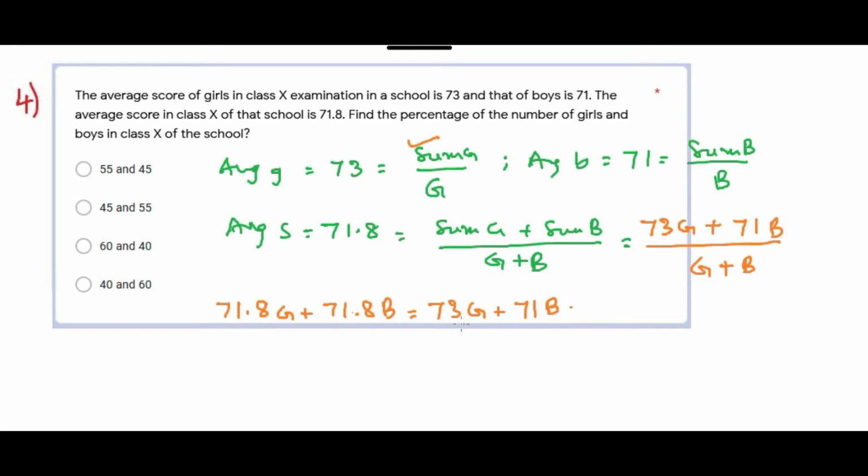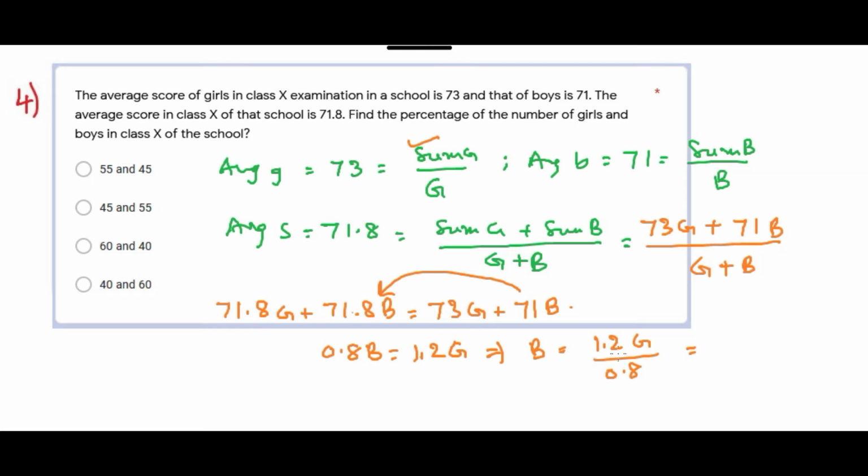So now let me reshuffle this. If I bring 71B here, it will be 0.8B is equal to 73 minus 71.8, which will be equal to 1.2G. This implies B is equal to 1.2G divided by 0.8.